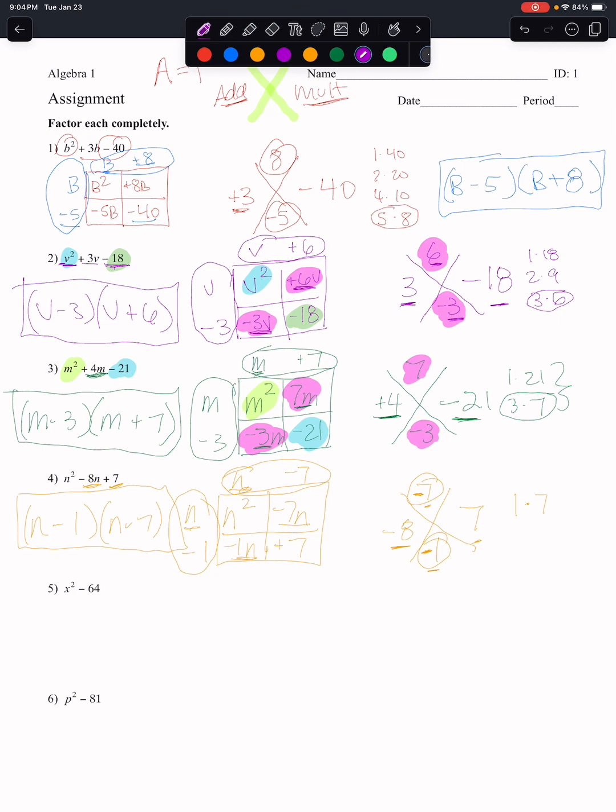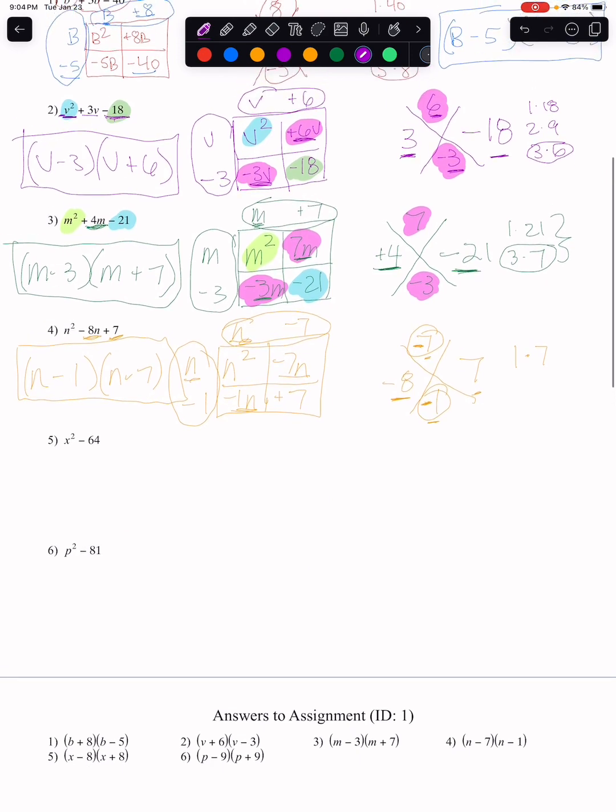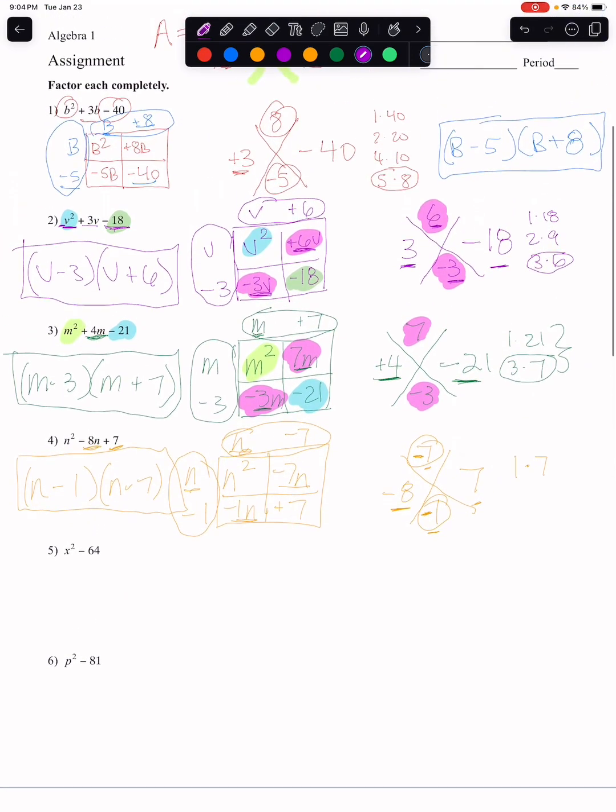Okay. Now on the bottom, these last two are called perfect square binomials. Very easy. So you don't need to do any boxes or any of that other stuff. Step 1: draw 2 parentheses. We'll get to these in class, by the way. Step 2: put 1 plus and 1 minus.